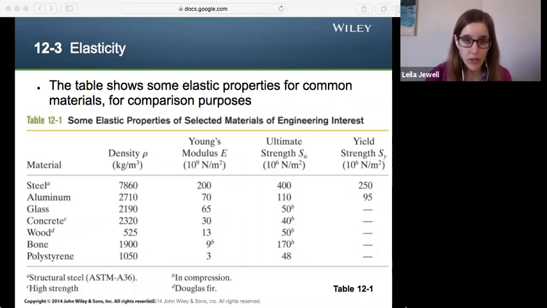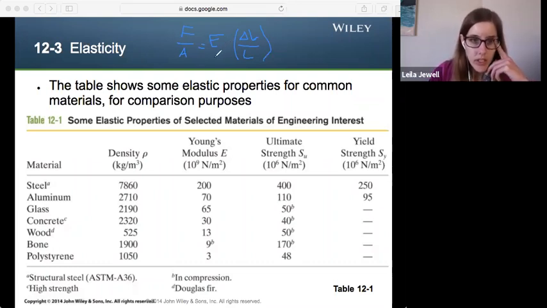So if we go back to thinking about that equation that we saw, that the force divided by the area is equal to Young's modulus times delta L over L. So what we get here is, hey, if we have a larger Young's modulus with a larger force, what would that do to the delta L?